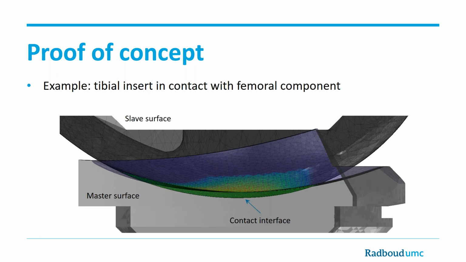And we want to get information on the penetration at all possible points in the master surface. So one very brute force approach would be to calculate the distance between all the points of the master and all the points of the slave. But this would be very time consuming and totally inefficient.